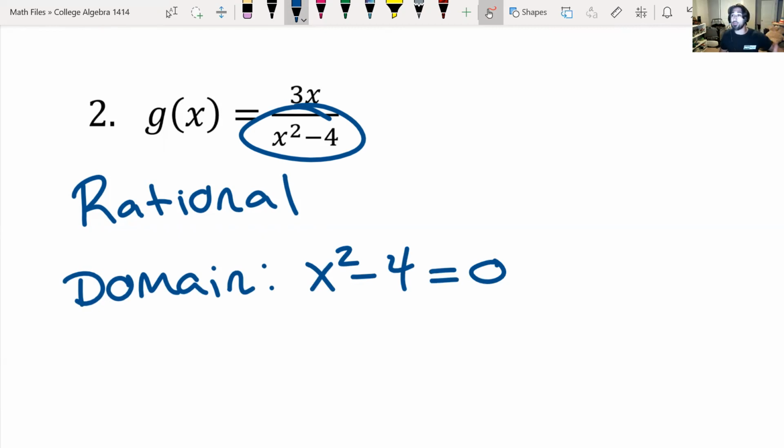This will help show us what numbers we need to avoid so we don't plug them in and get undefined or get an error on our function. So this is how you find the domain of a rational function. So we solve for x here. I'll just move the 4 over. You'll get x squared equals 4.